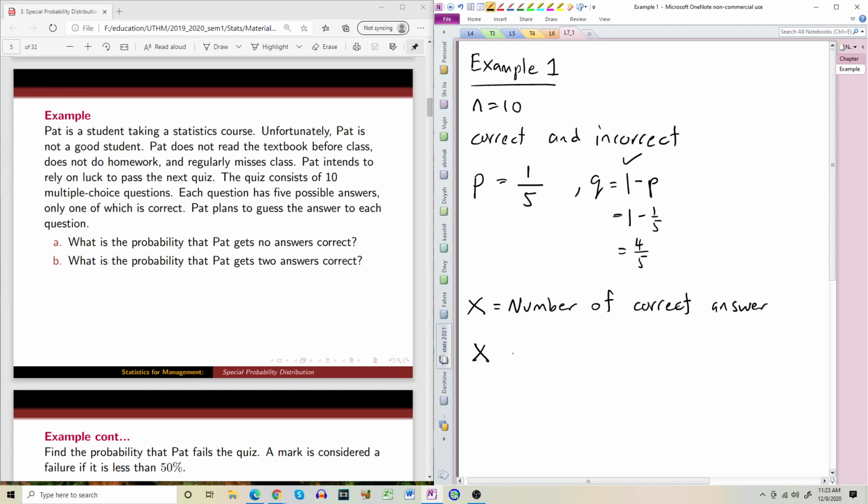The notation for you to write this question in a binomial statement is X is binomial, whereby in 10 trials, write the probability. This is N, this is P. This is a statement of binomial. Now once you write all these things, which means you have collected all the data, all the information, let us try to answer the question.